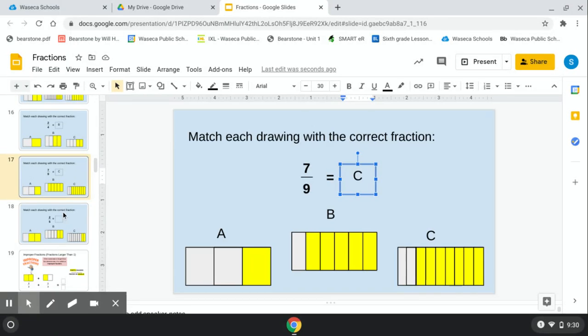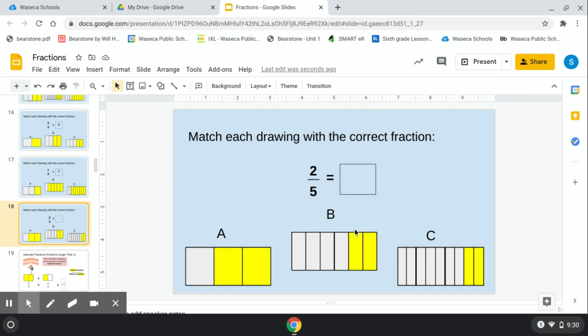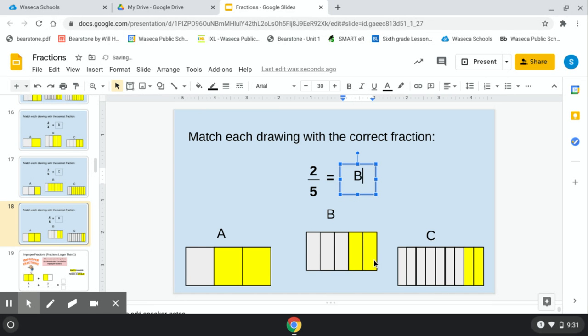And our last question, which one of these drawings, A, B, or C, represents 2/5? B would represent 2/5 because 2 of the 5 equal parts are shaded yellow.